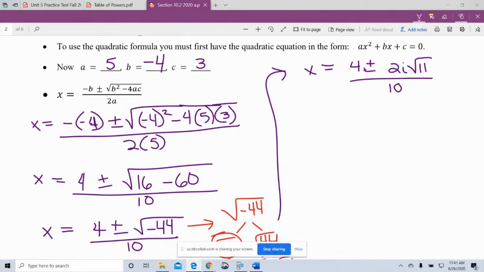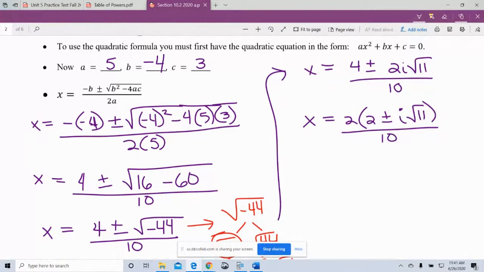That means the best that I can hope for is that there is a GCF, or a common factor, that I can divide out between the top and the bottom. And it looks like there's a GCF on the top of 2 again. So I'm going to factor that 2 out. So 4 divided by 2 is 2. And 2i square root of 11 divided by 2 means the 2's will divide out. So I'll just have i times the square root of 11.